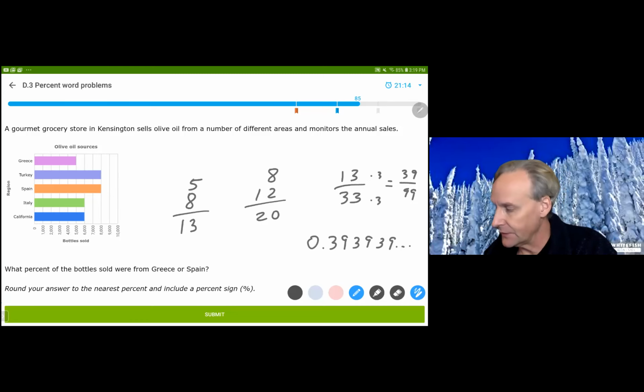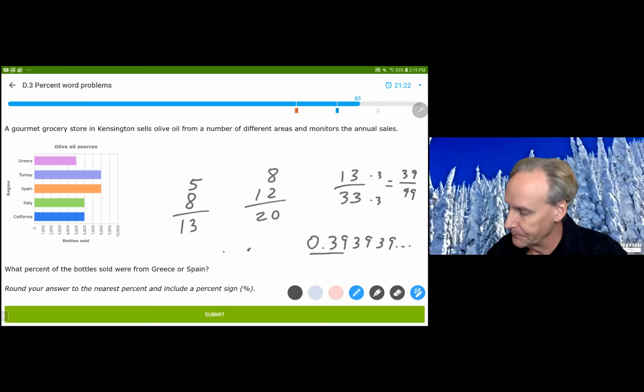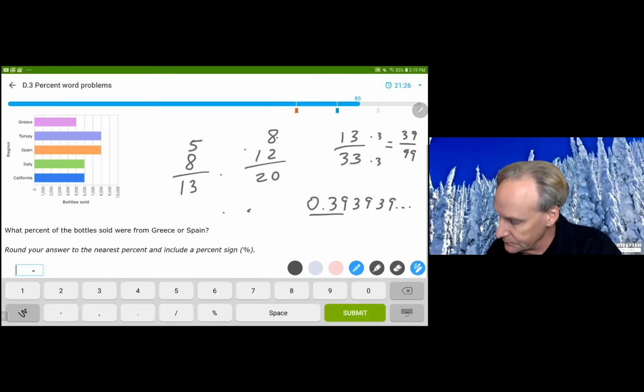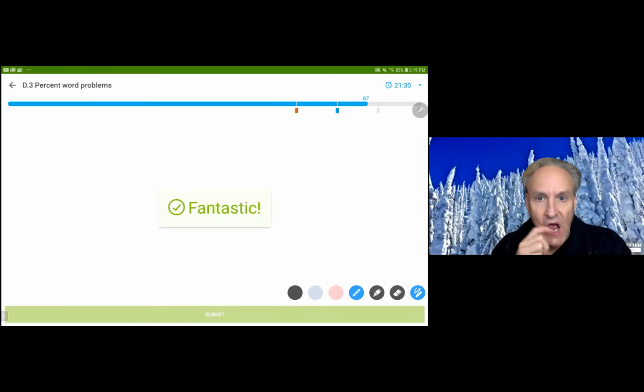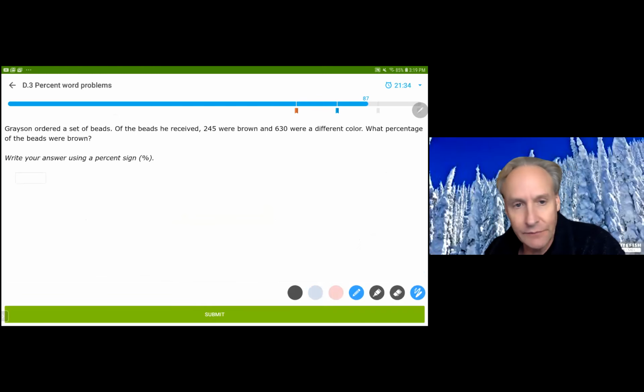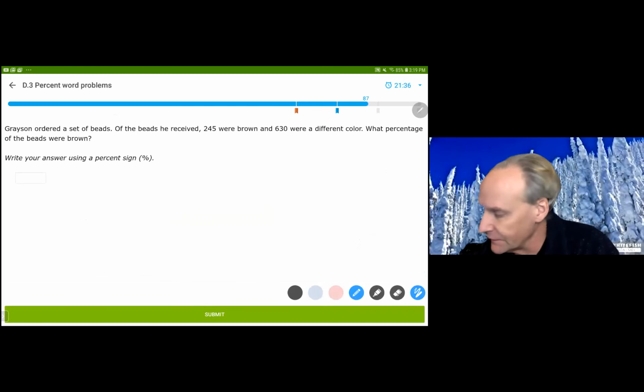So 39 over 99 is 0.39 repeating, and it just keeps repeating itself. Now, when I round that, I'm going to get 39%. There we go. Notice that I didn't put the thousands on there, just to make it easier for myself, because I knew everything was in terms of thousands.